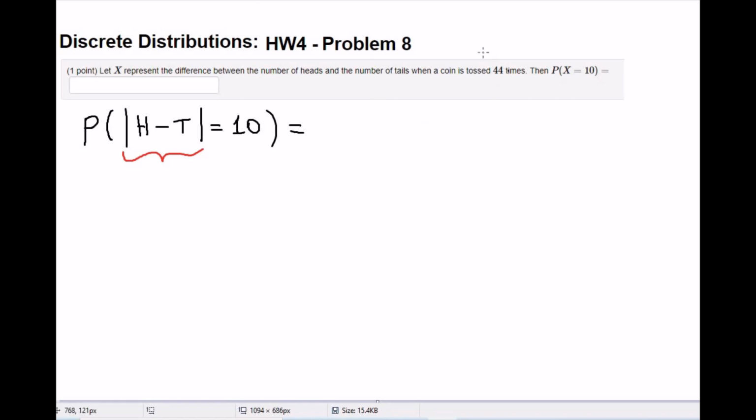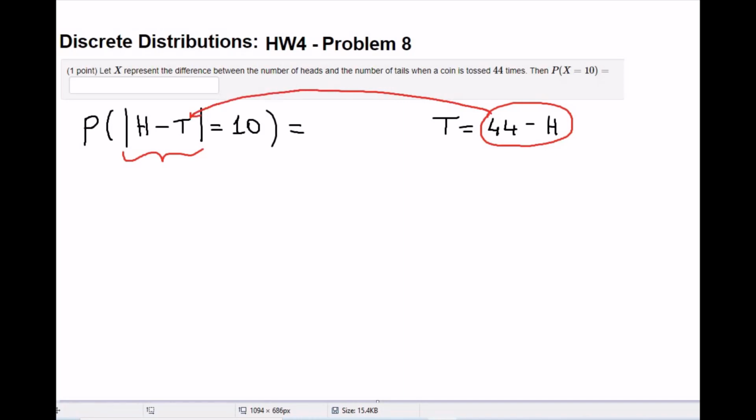And we know that we have 44 trials. So the number of tails is equal to 44 minus heads, or vice versa. The number of heads is equal to 44 minus tails, either. And we can substitute this for the tails here. In this case, our probability that head minus, instead of tails, we have 44 minus heads equals to 10.